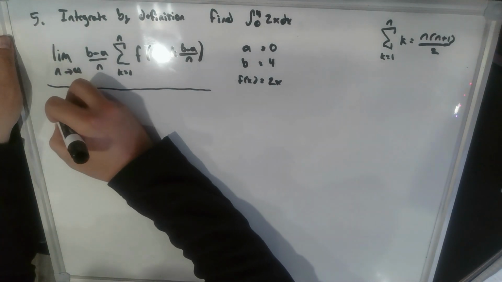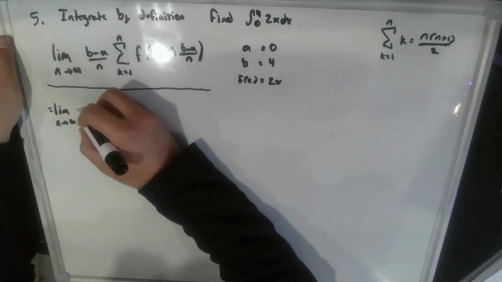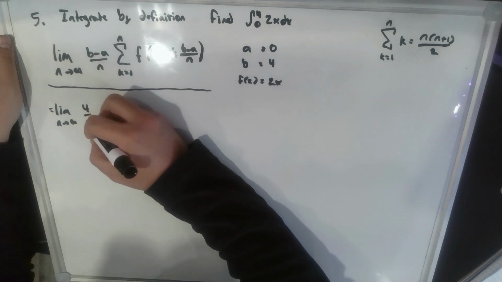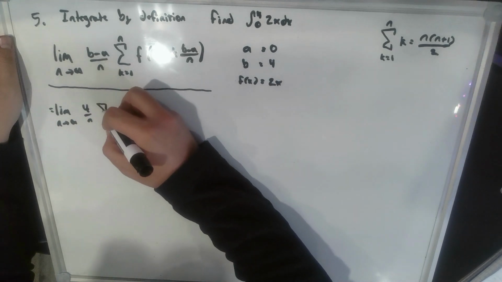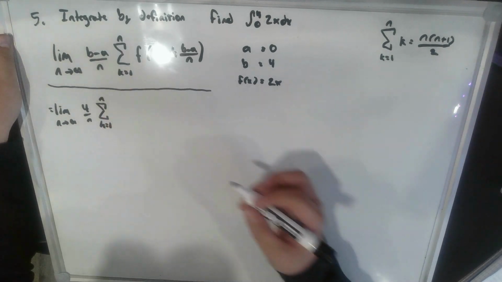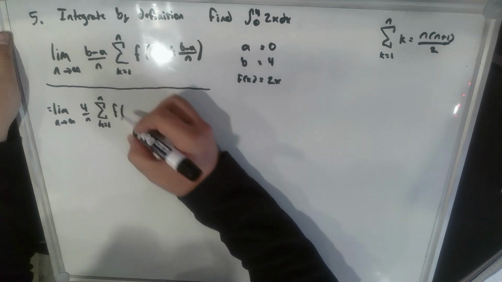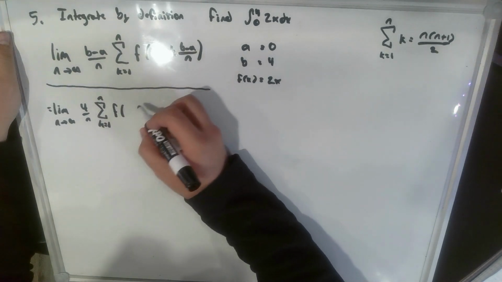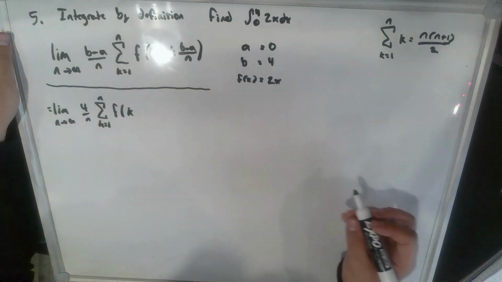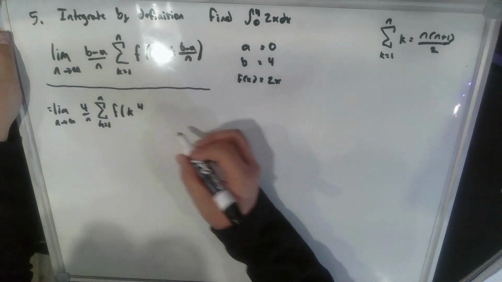So this becomes the limit as n approaches infinity of (b minus a), that's 4 over n, times the sum of f of (a plus k times (b minus a) over n), which is 4 over n.